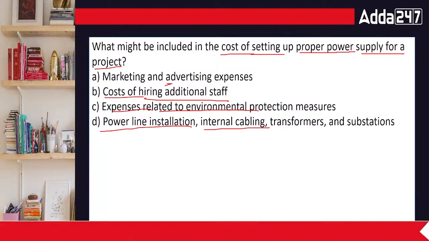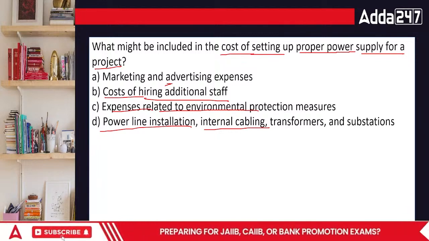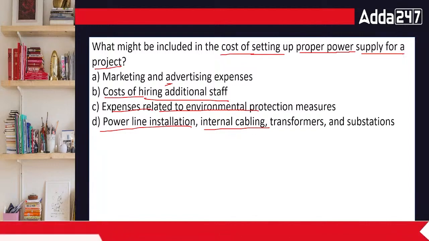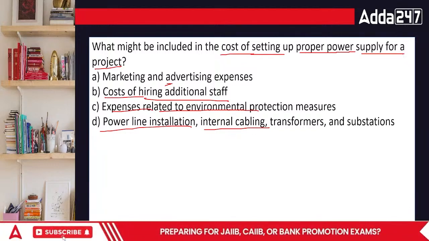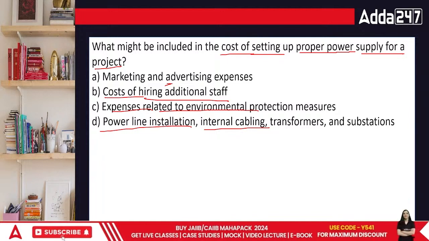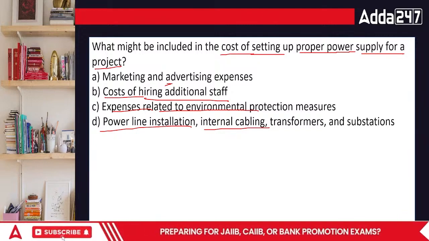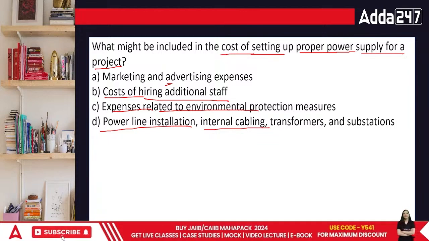When we are looking at the specific power station, this is actually from the book itself, a specific question related to the costing area. ठीक है? चलिए, now let's look at the particular question.